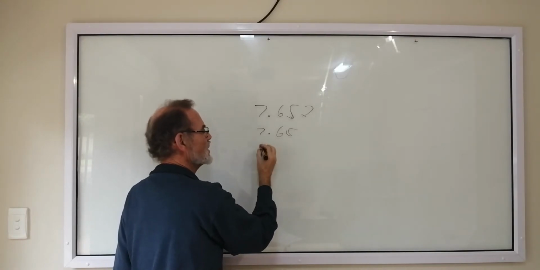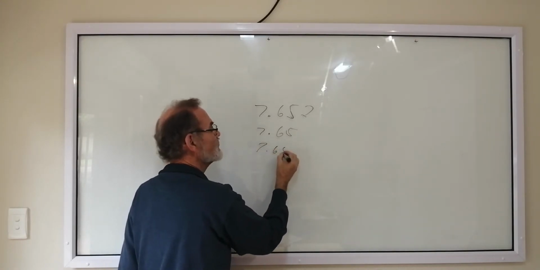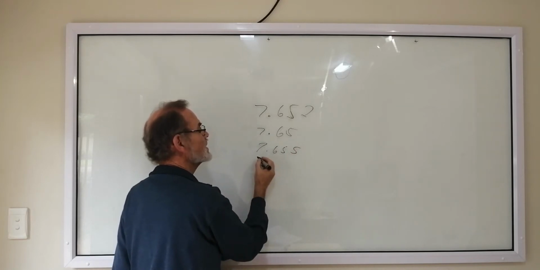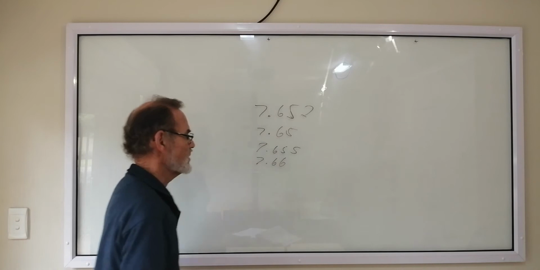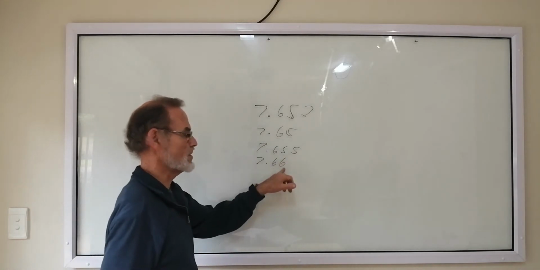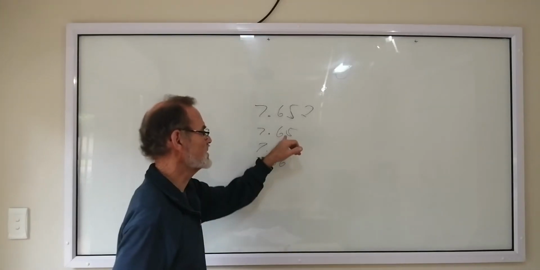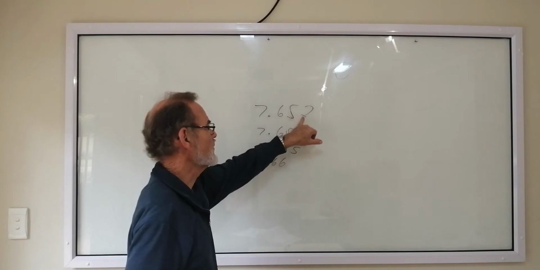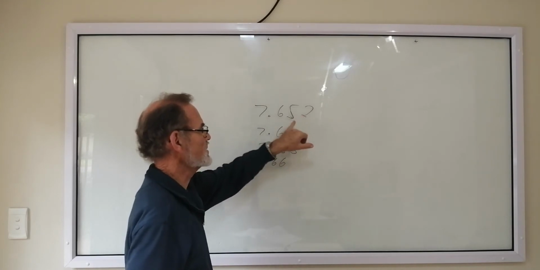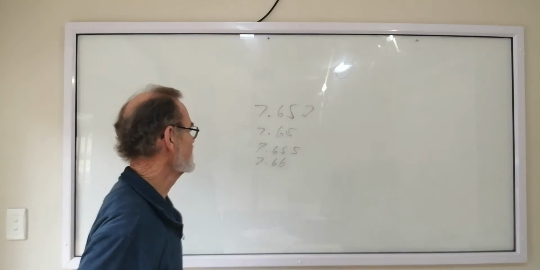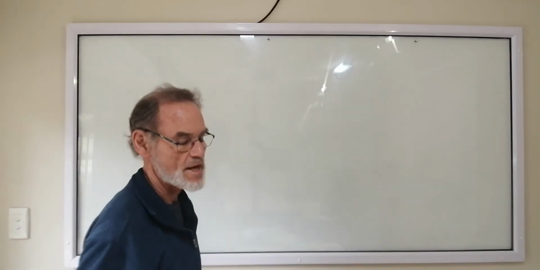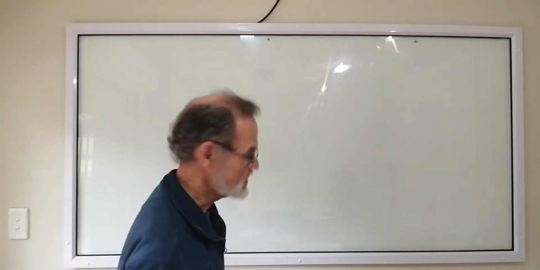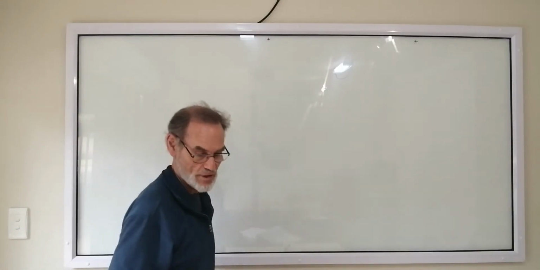Or if it's 7.655, you will write it as 7.66. So if it's 5 or more, this one becomes 1 more. If it's less than 5, then you just discard this and the 5 stays the same. Okay. So in some of these exercises they say 3 significant figures.